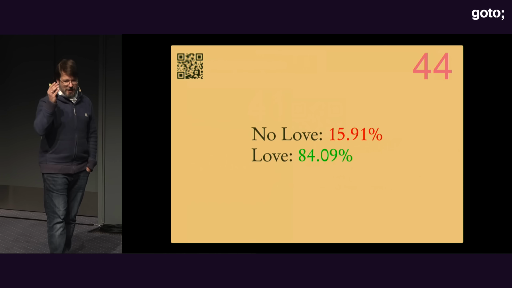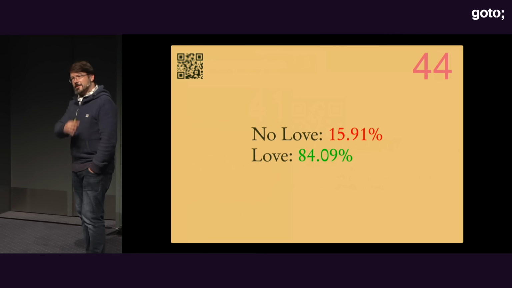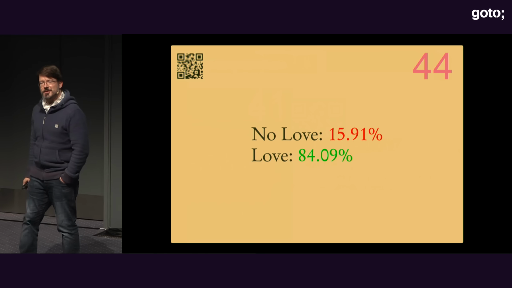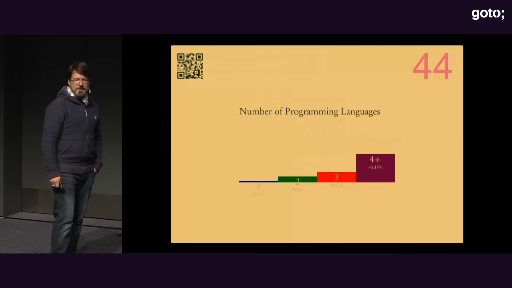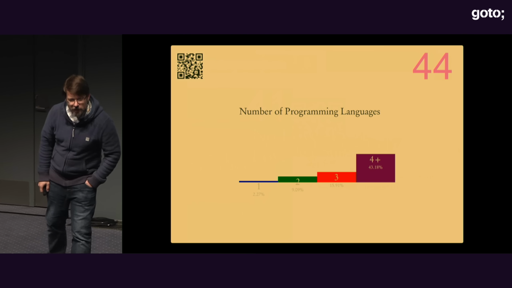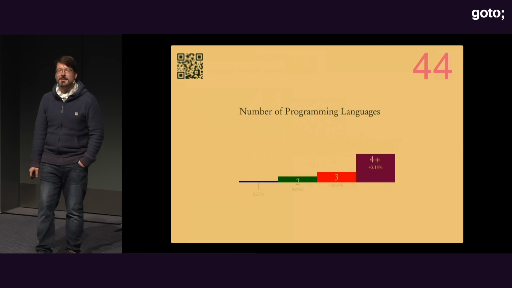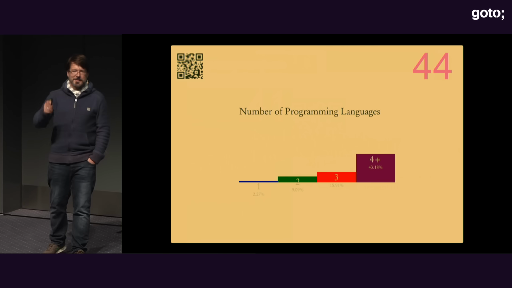So, 48 of you love programming. That mirrors the response I got earlier. And then we can see plenty of you know 4 or more languages. So I'm kind of preaching to the choir here. But that's great.